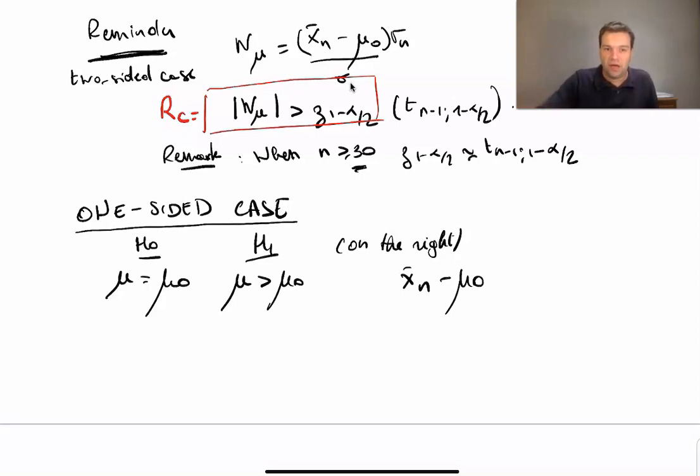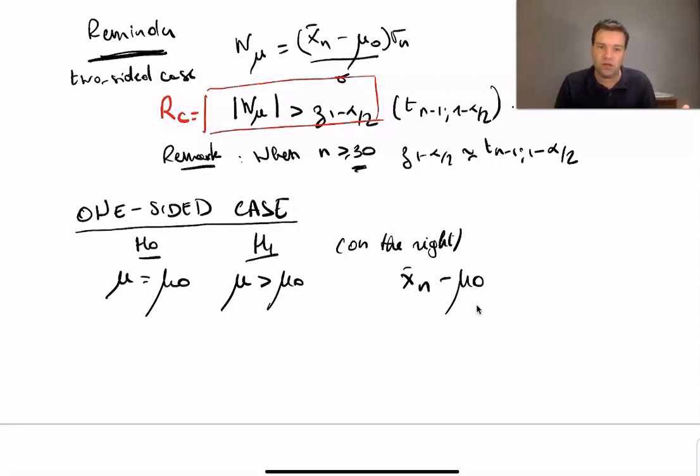And in the case of the two-sided test, when this quantity is too large, that means that the null hypothesis becomes unlikely. Too large, but in absolute value. Therefore, xn really smaller than mu naught, or xn really larger than mu naught. In both cases, the null hypothesis becomes unlikely.